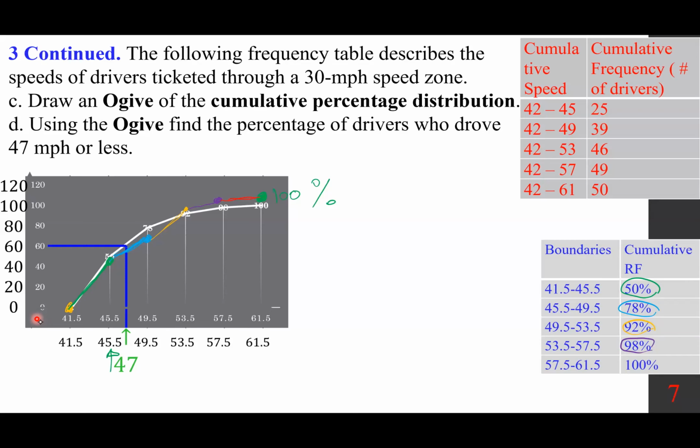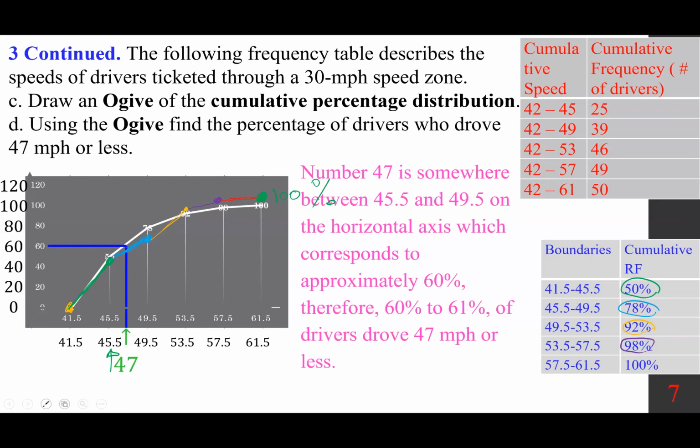So it's about 60%, as you can see. And so it reads, number 47 is somewhere between 45.5 and 49.5 on the horizontal axis, which corresponds to approximately 60%. Therefore 60%, maybe you read 61%, of drivers drove 47 miles per hour or less. That's the meaning of it.